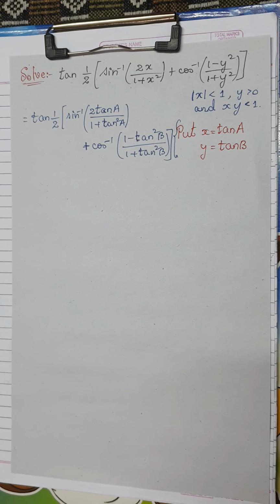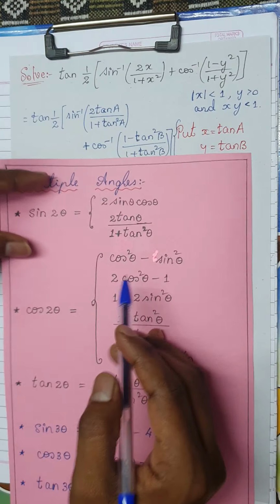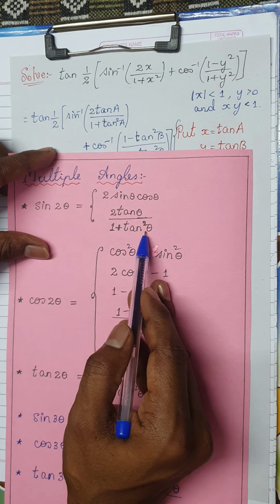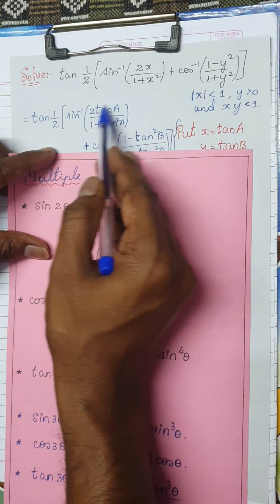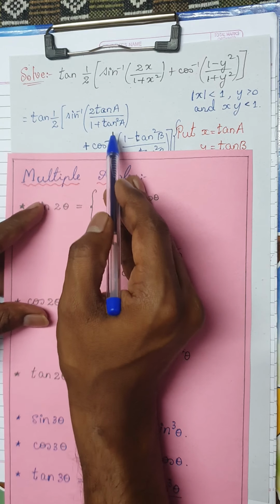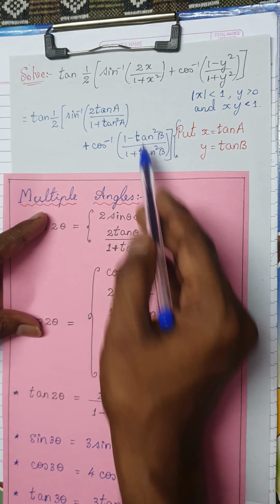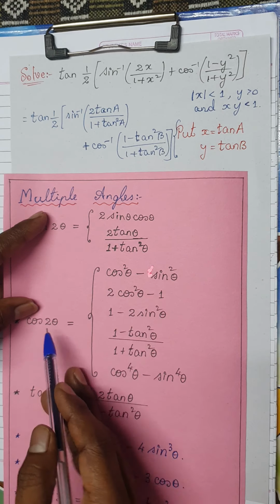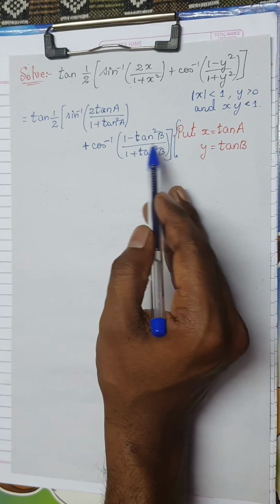Now you have to use the properties of tan. Now I have here 2 times tan theta divided by 1 plus tan square theta will be sin 2 theta. So this entire term I get as sin 2a. Similarly here 1 minus tan square by 1 plus tan square will be cos 2 theta. So here I will get cos 2b.